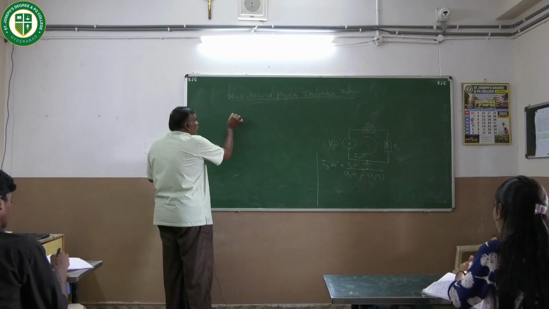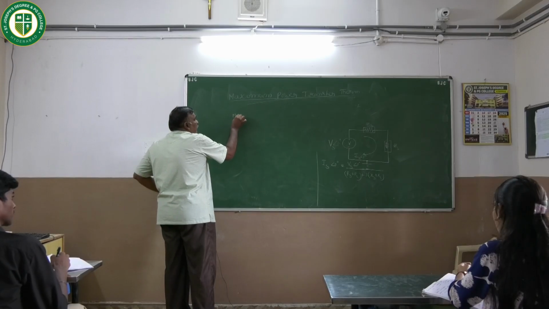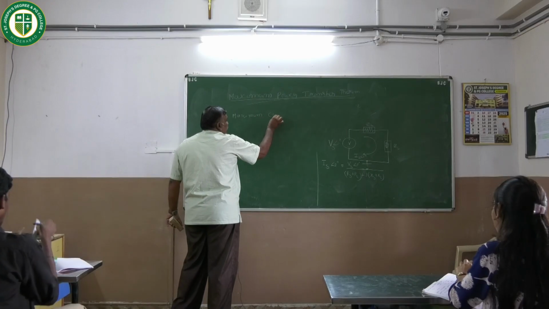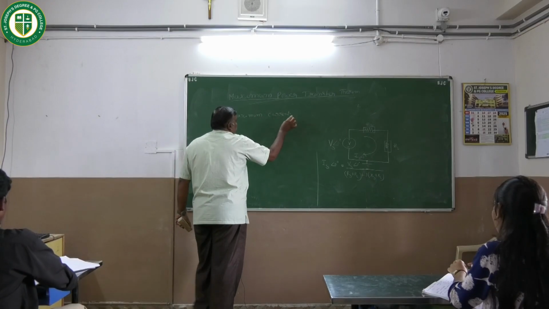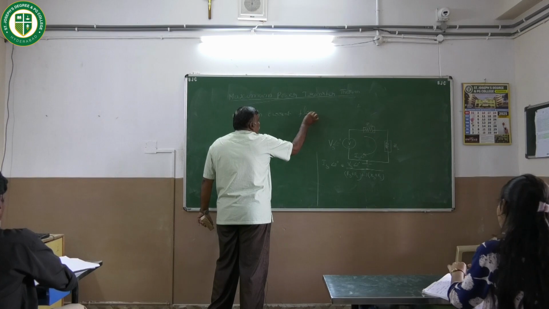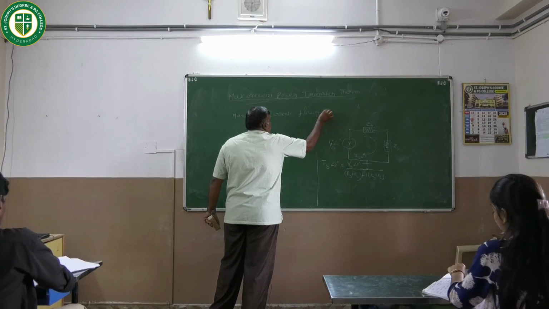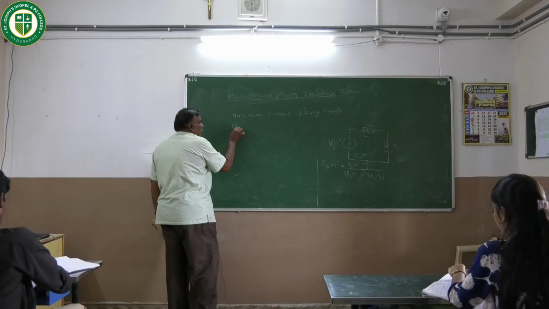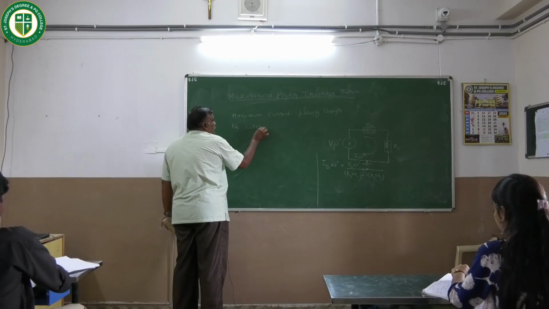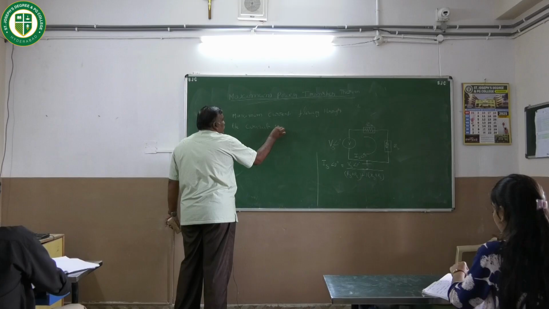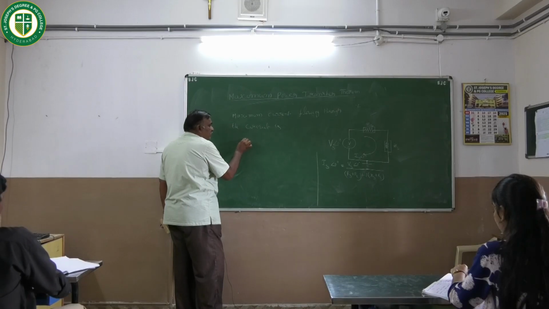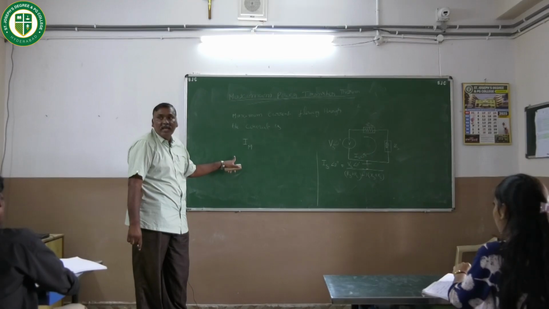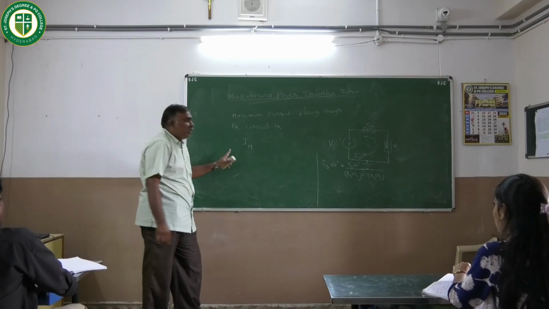So the maximum current flowing through the circuit, I am denoting as Im.